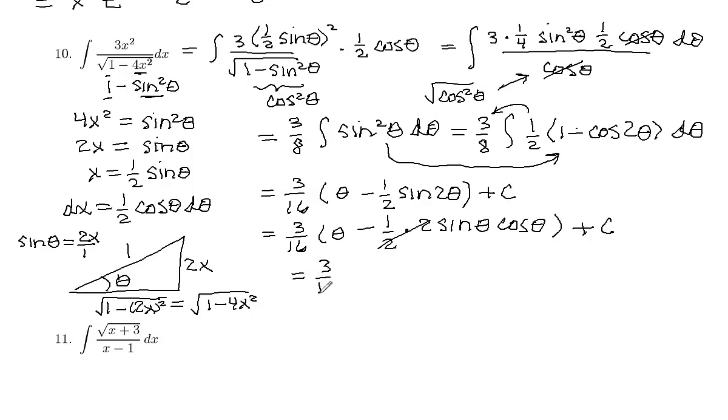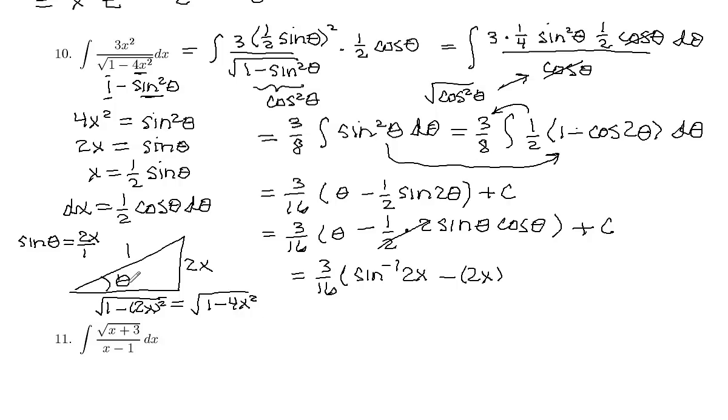So 3/16. Okay, and then theta, well, sine theta is 2x. So theta is the angle, and when you take the sine of it, you get 2x. So theta is the inverse sine of 2x. That's what inverse sine means. And then minus sine of theta, we already know is 2x right there. And then times cosine of theta.